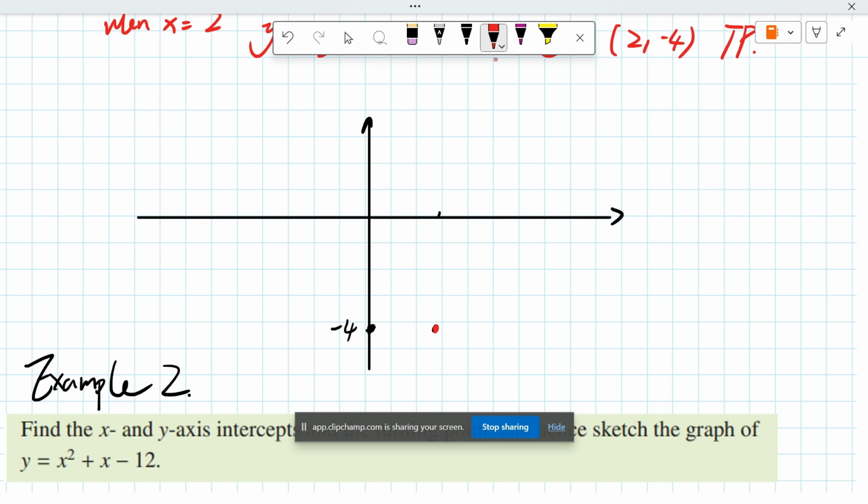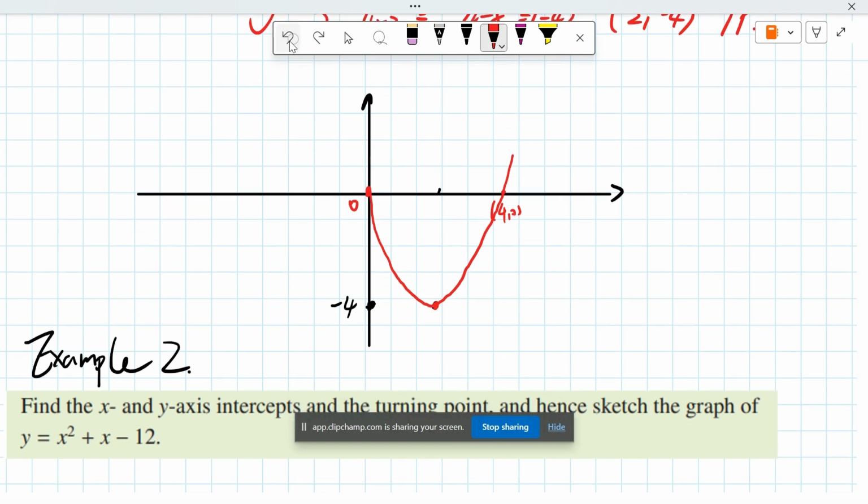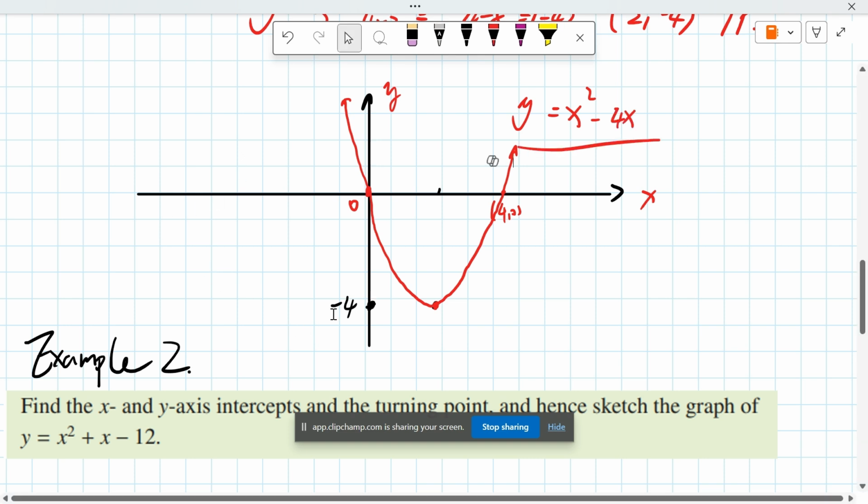And we cross (0, 0) and (4, 0). So we get the graph of y equals x squared minus 4x. That's my graph. Hopefully that makes sense.